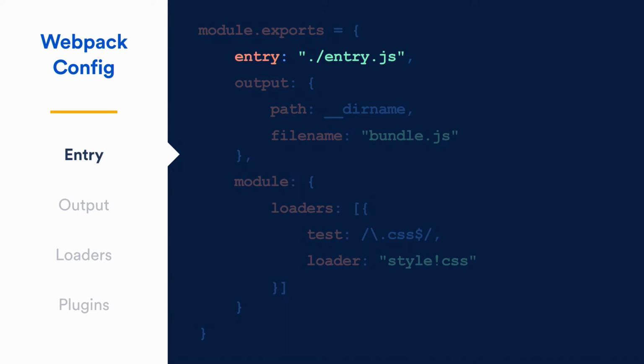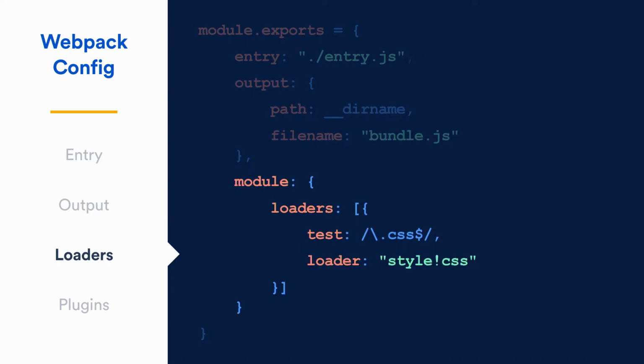You can think of it as the contextual root of your application. So this is the first file that you want your application to load, and it usually contains references to all of the other modules. When you provide the entry point, you also need to provide the output. This is the bundle that would get generated after the processing is done.